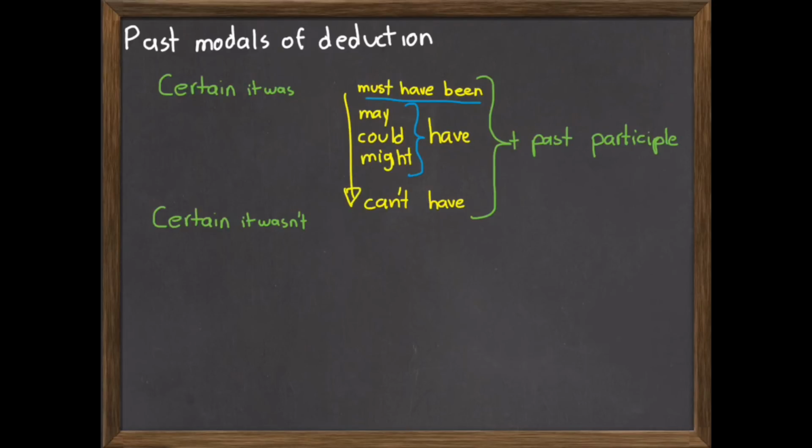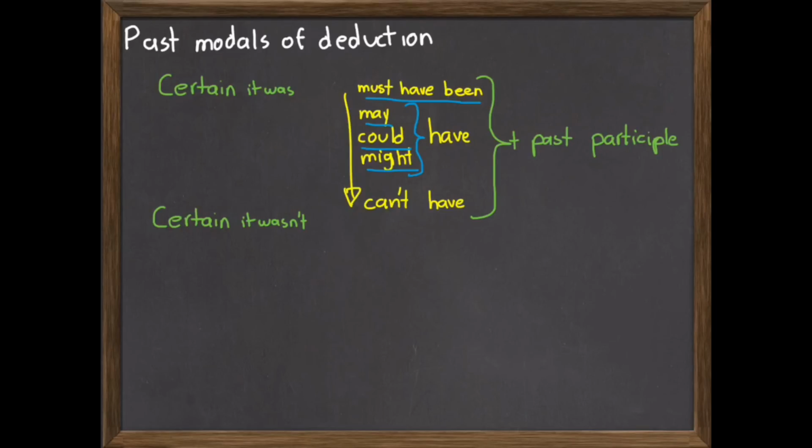Now, if we're not very certain, we're unsure, we can use these three words: may, could, or might, or their negative forms, and then have. For example, the objects could have been used for religious purposes.